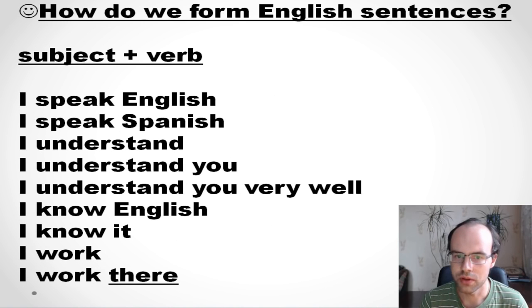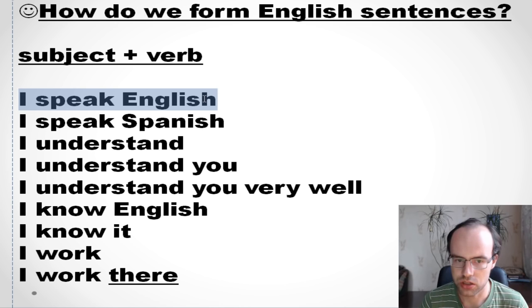How do we form English sentences? It's usually subject plus verb. Look, I speak English. I is a subject and speak is a verb.